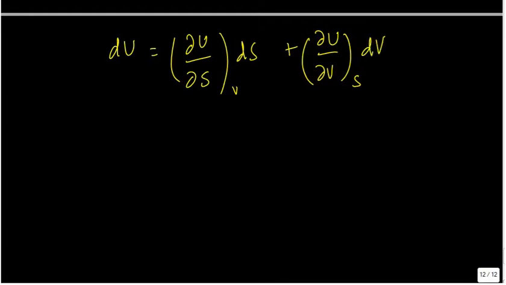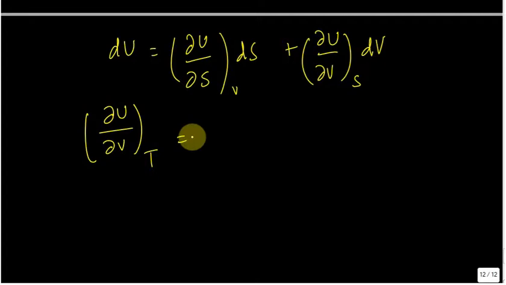Now what I want is dU by dV, so I just divide everything by dV, and the condition is constant temperature.